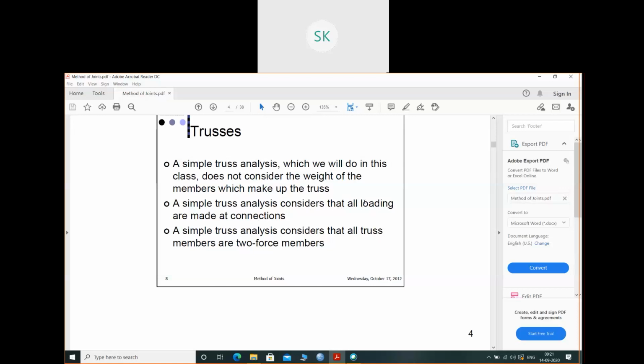A simple truss analysis also considers that all truss members are two force members. Two types of forces will apply to those members.